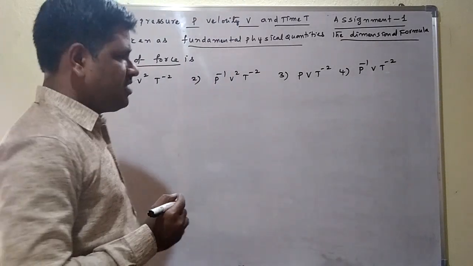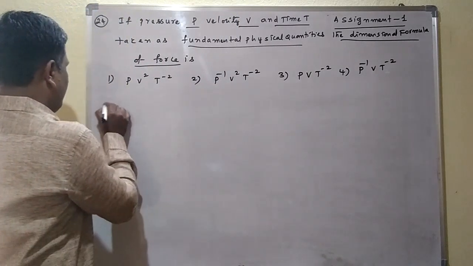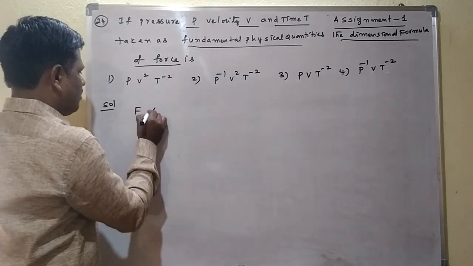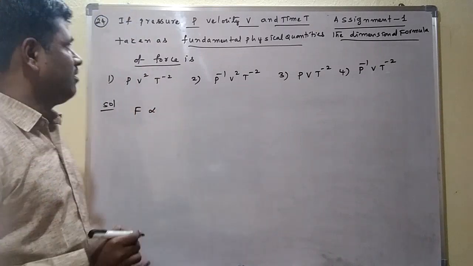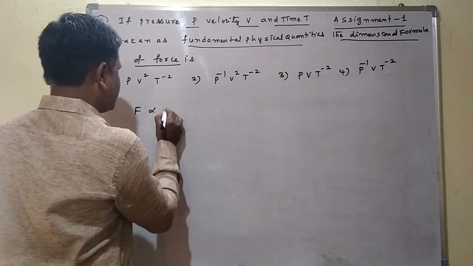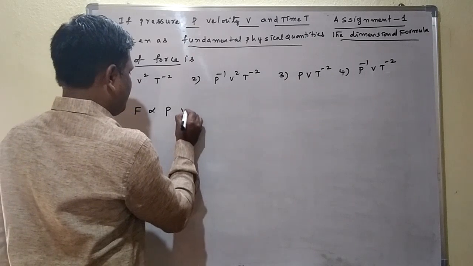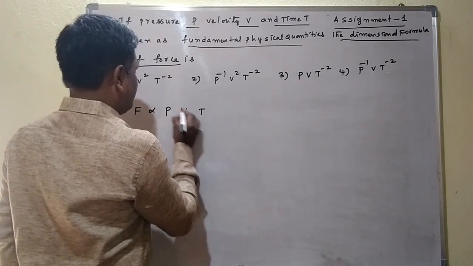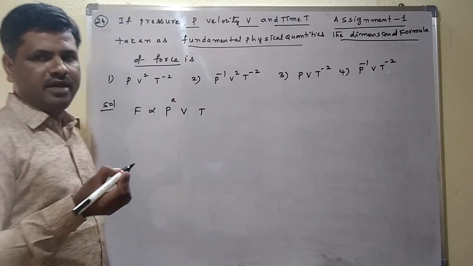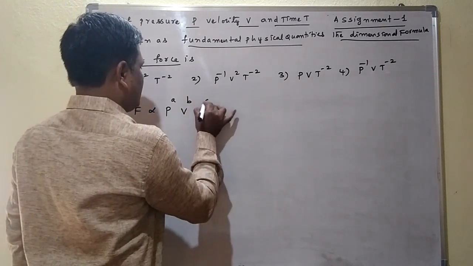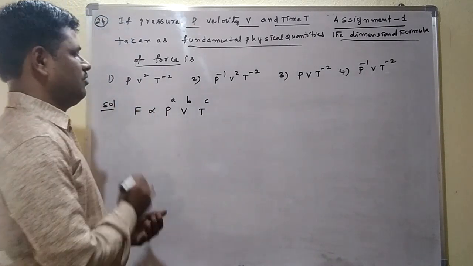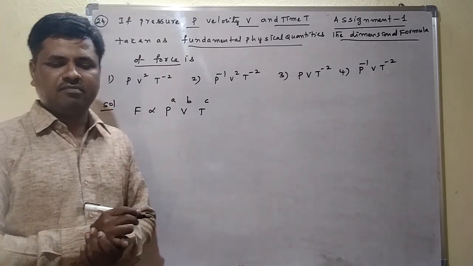So here, force depends upon the fundamental physical quantities. Generally mass, length, time, but here they are pressure, velocity and time. We don't know the dimensions, so we take pressure power of A, velocity power of B, time power of C for solving this problem.